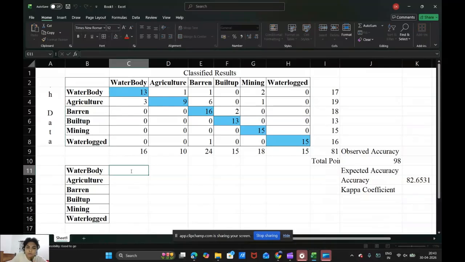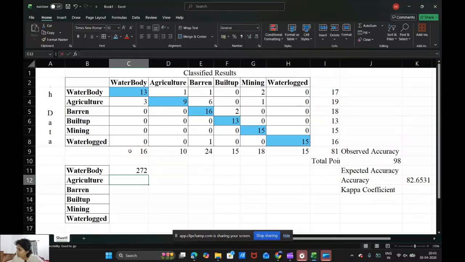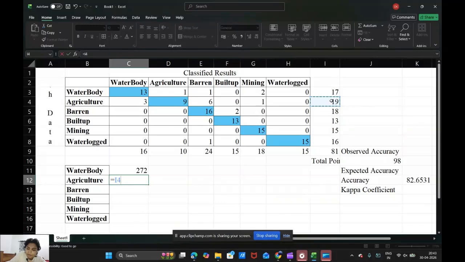So what do we do? Row total of water body multiplied by column total of water body. Simple, no? Then again for agriculture, row total of agriculture multiplied by column total of agriculture.